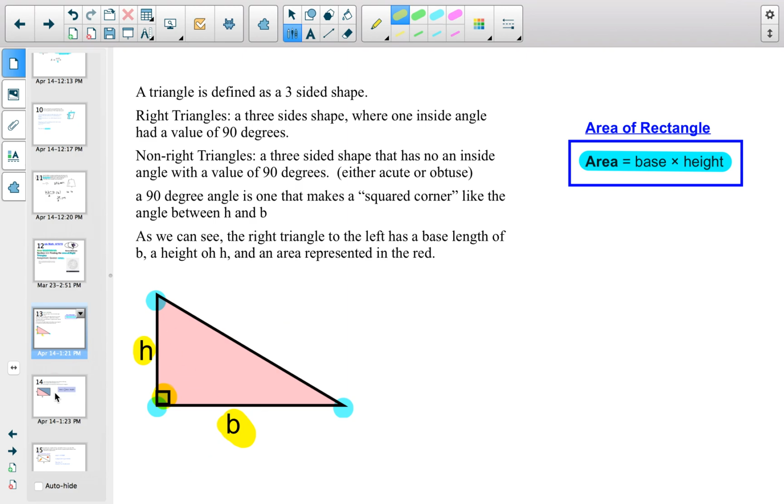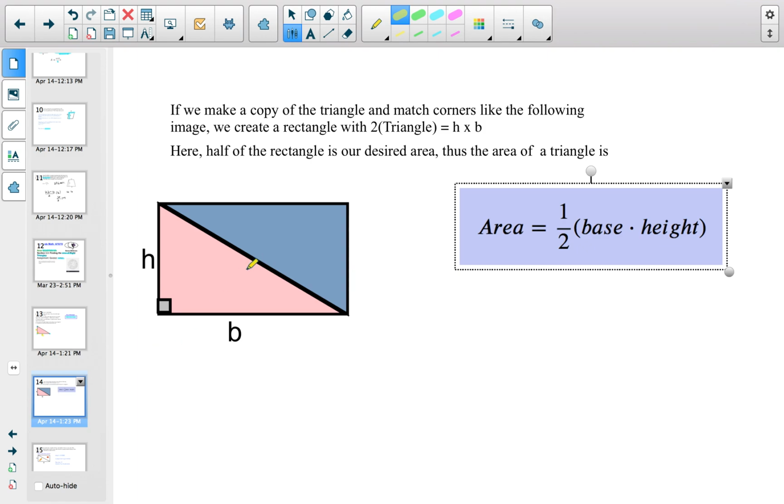Well, if I made a copy of this triangle and flipped it, and that's how I got this blue triangle right here, I would get a rectangle, right? And this rectangle would have a length of B and a height of H. All I did was take a copy, so I have two triangles making this.